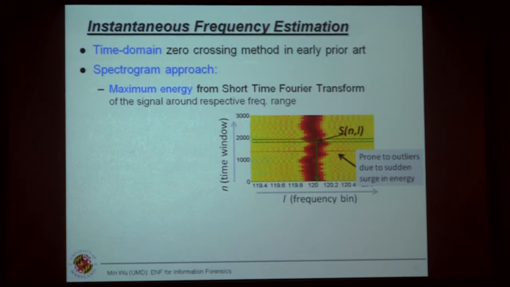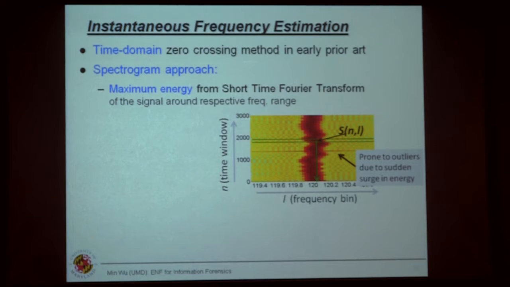There are many approaches. The prior art from the audio engineering community uses quite rudimentary approaches, counting how many zero crossings occur over a period of time. You need a sufficiently long segment, and it may not work very well when you have distortions and strong noise. In our engineering community, the spectrogram is a widely used approach.